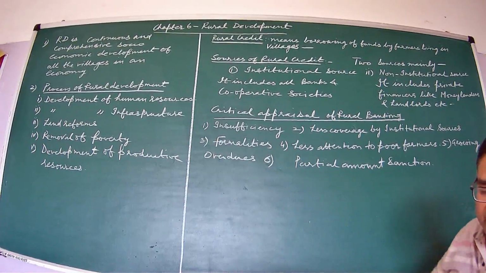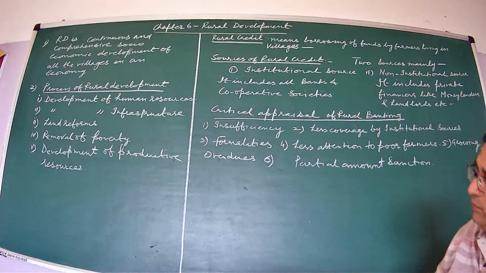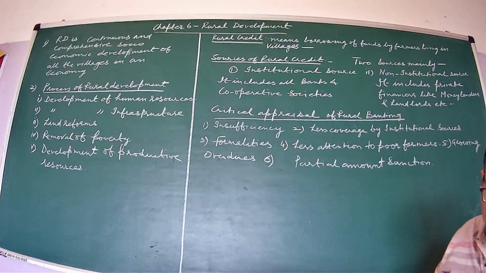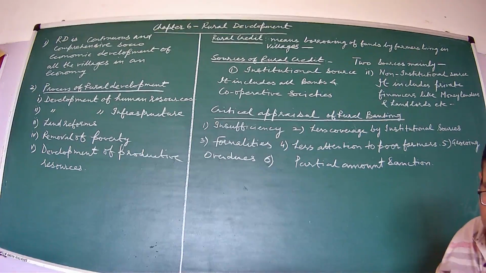The quality of human resources needs to be improved through the following measures: proper attention to literacy, especially female literacy, education and skills development, and better health facilities for physical growth.